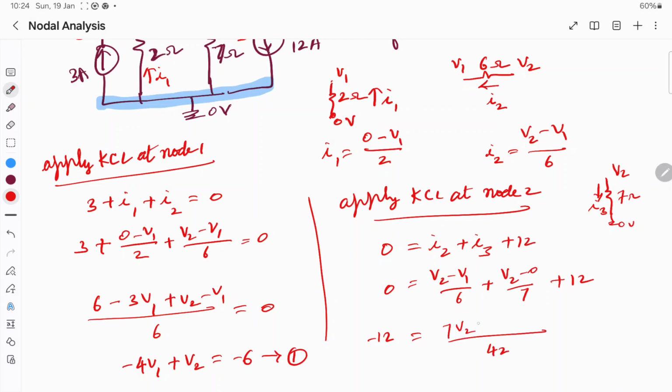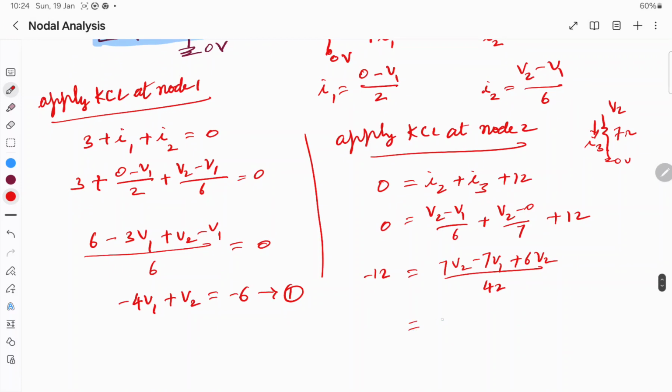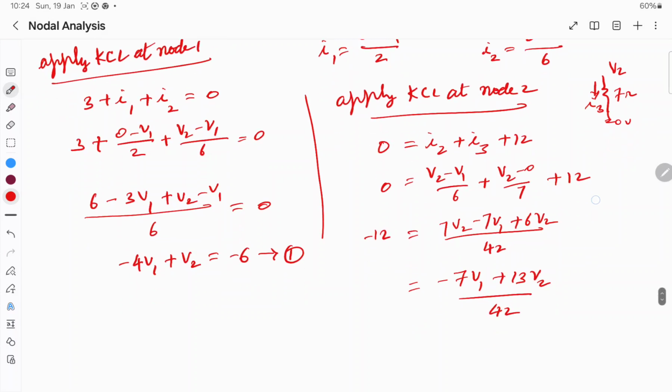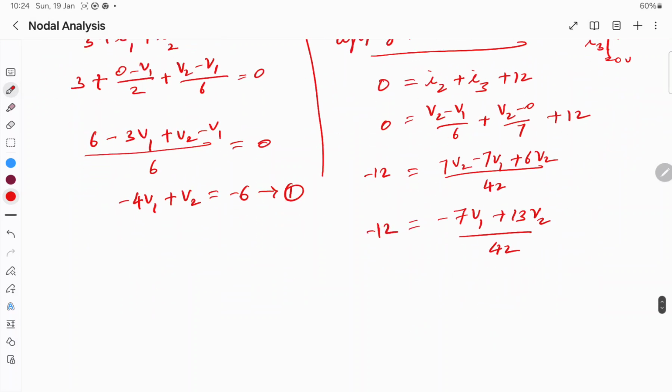So 7V2 minus 7V1 plus 6V2. Okay, so it is minus 7V1 plus 13V2 divided by 42, equal to 12.